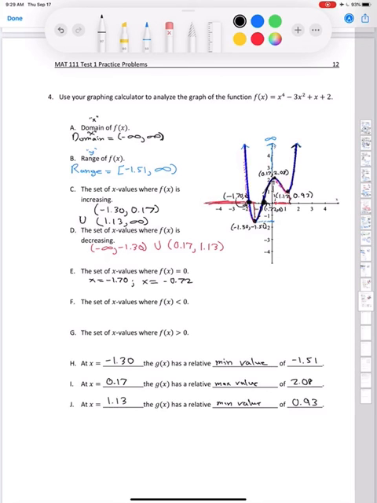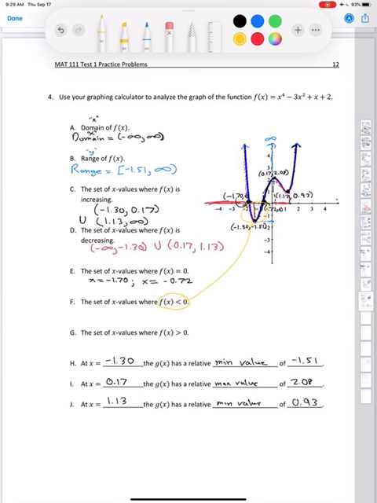Now, for the x values where the function is less than 0, where are the negative function values on this graph? So f of x less than 0. Let's go quickly up here. We can quickly see it. I'm going to circle it. In here my graph is negative. It's below the x-axis. We have negative y values in this location. So where is that? It's between those two zeros we just found.